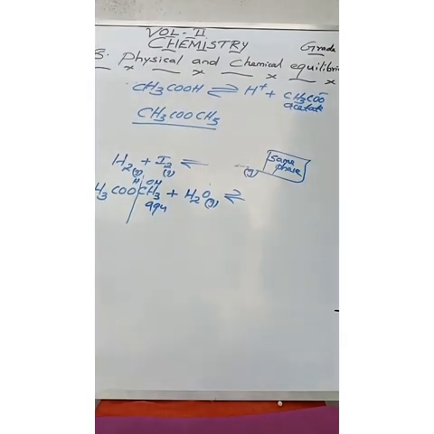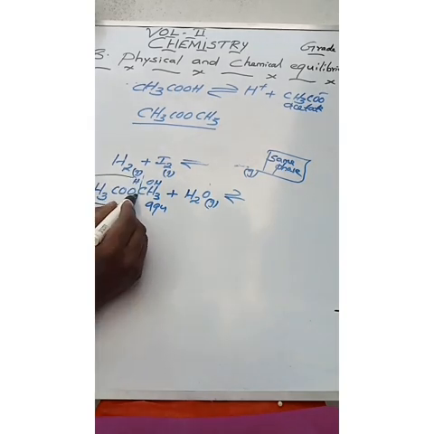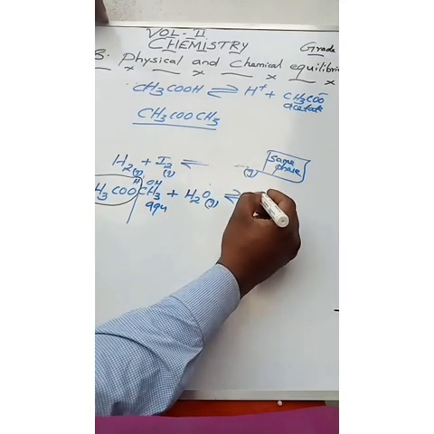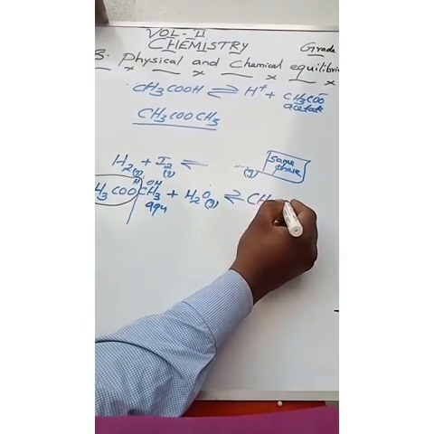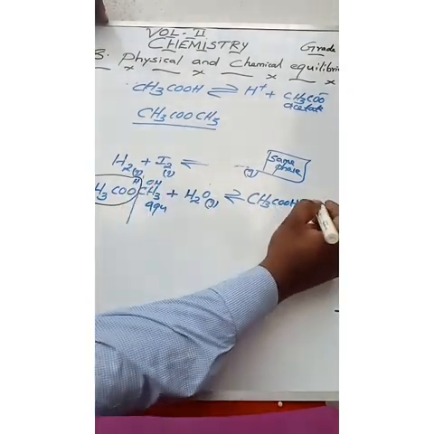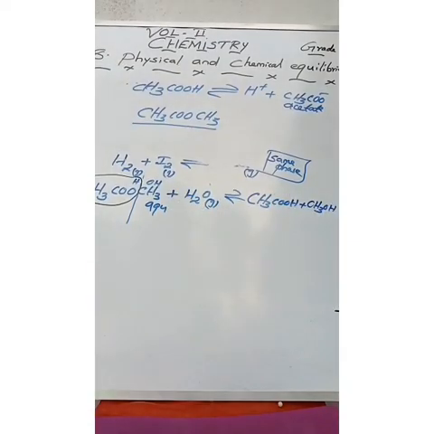Can you say what the formula of this compound is? CH3COOH, say all of you, plus CH3OH. Am I right? How can you say the names of the compounds? Acetic acid and methyl alcohol.